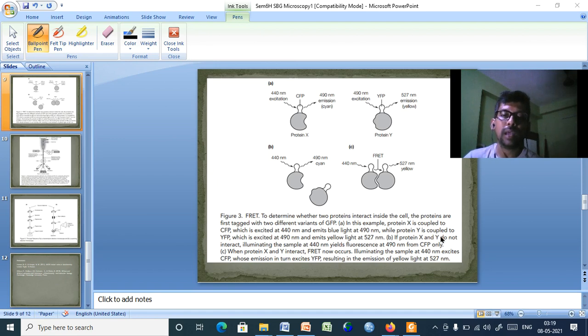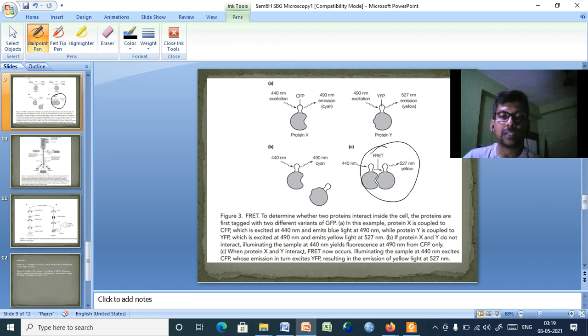If protein X and Y do not interact, illuminating the sample at 440 yields fluorescence at 490 from the CFP only. But if they are interacting with each other, this is happening.